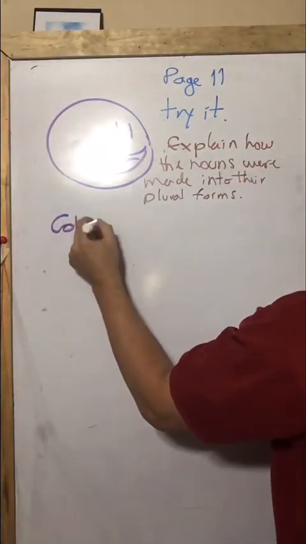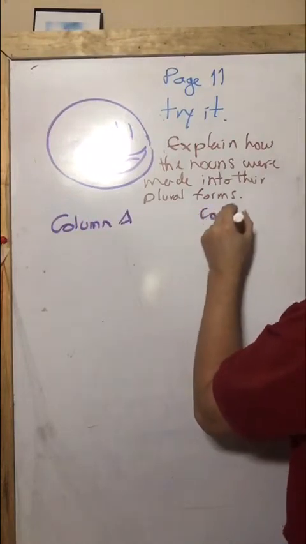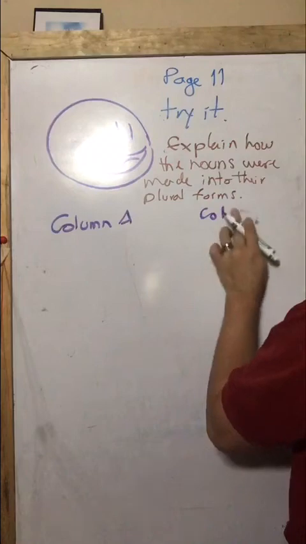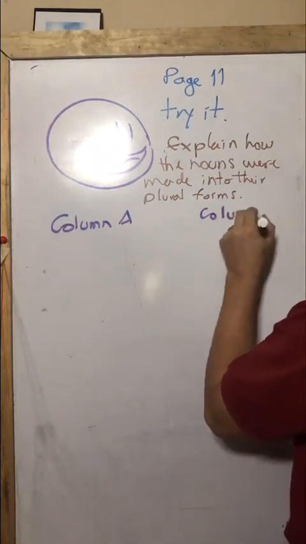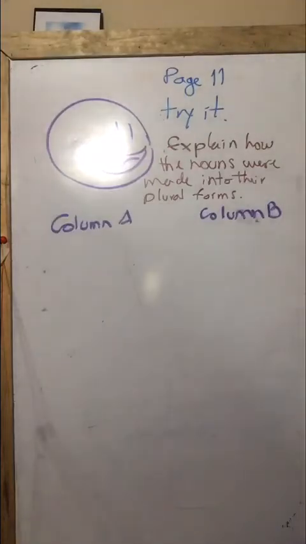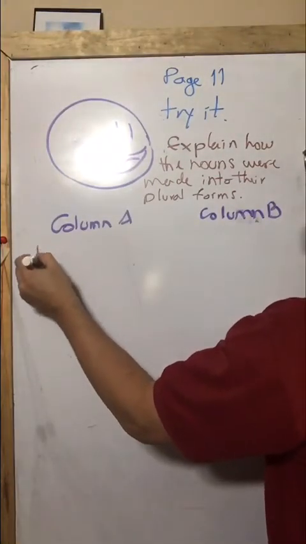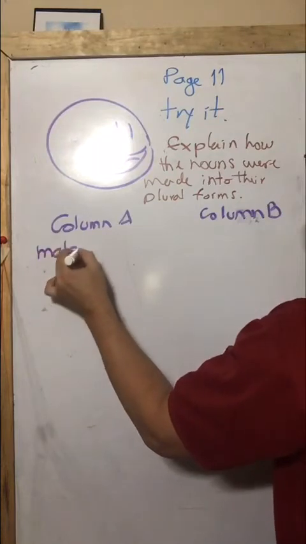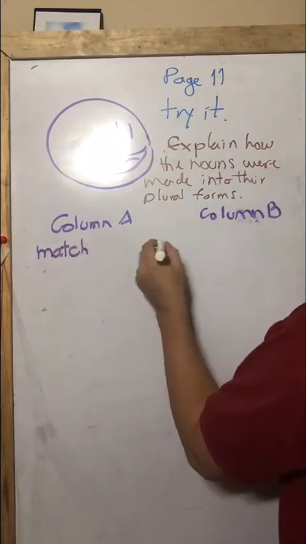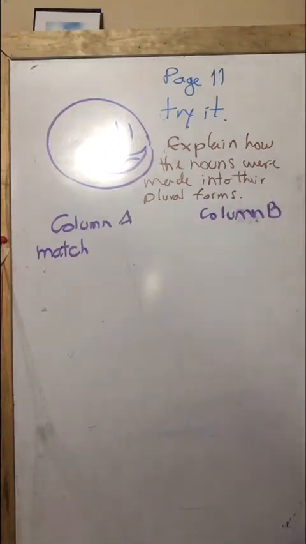So let's see. We have two columns. We have column A and column B. Okay? So we have match, and then we have, oh wait, I made a mistake, sorry.